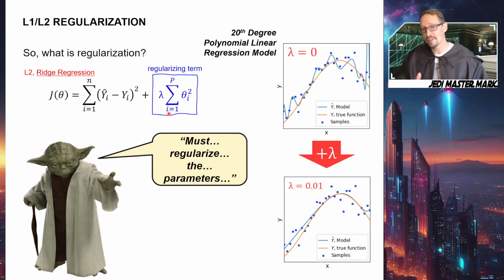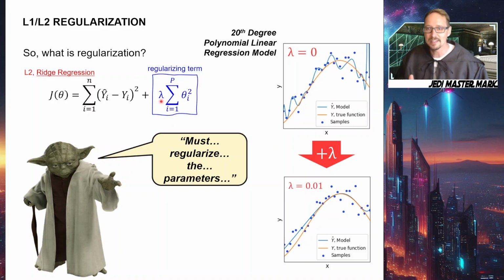And it turns out that for a lot of overfit models, the way that it overfits and tries to capture all this noise, like this upper plot, is to actually make these theta parameters very large. So this is going to act to try to reduce the cost function by reducing the size of these theta parameters. And this lambda term is an example of a hyperparameter.